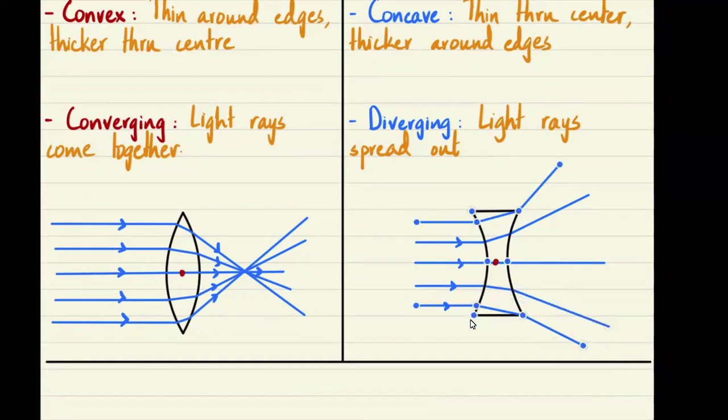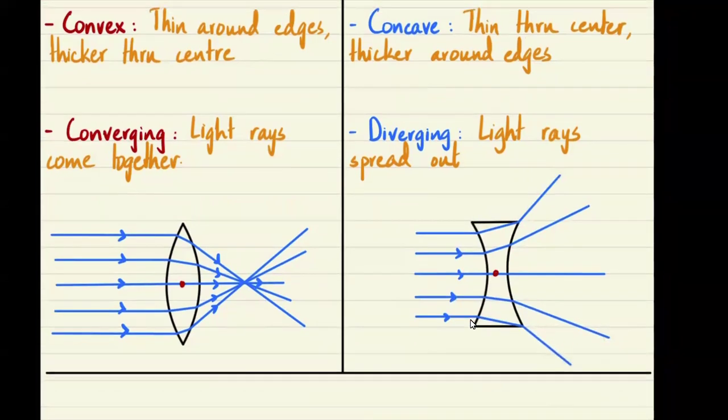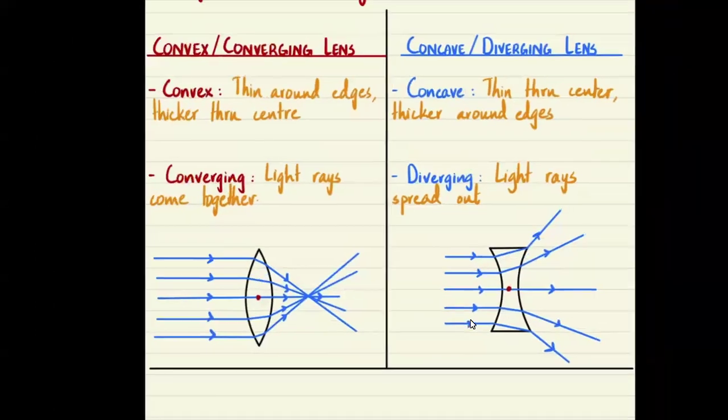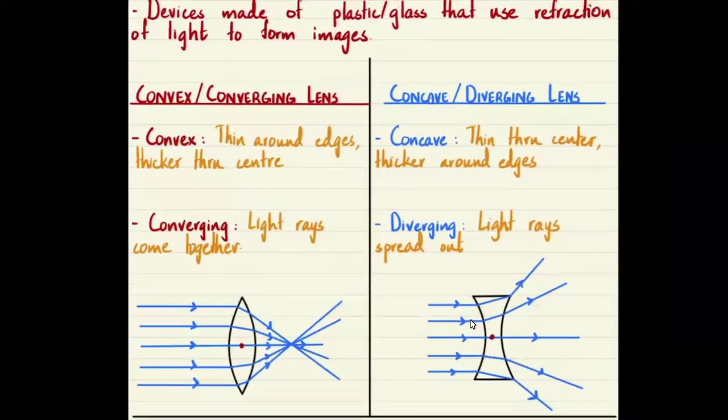All right, so this basically shows the action of the diverging lens. As you can see, the light rays are spreading out. So that's how both of these lenses work. And in our syllabus, we'll basically be restricting ourselves to just converging, or what are also known as convex lens.